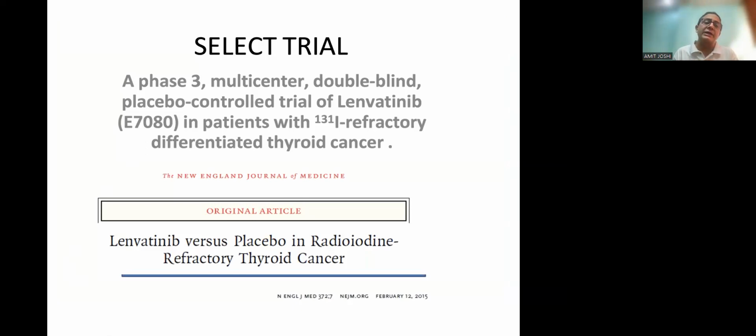Other better targeted, tolerable TKIs came into place, and the other one which I'm going to discuss is lenvatinib. By the time lenvatinib had got approval in another disease like renal cell carcinoma, and since it has VEGFR inhibiting property, the investigators tried why not use this drug in radioiodine refractory differentiated thyroid cancer.